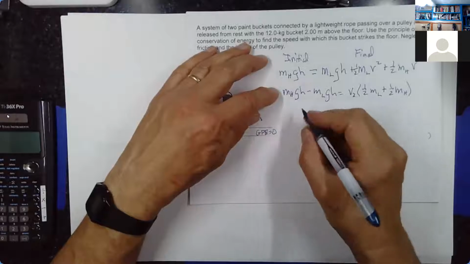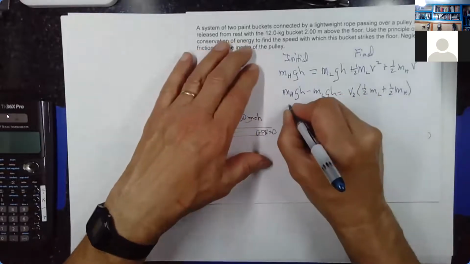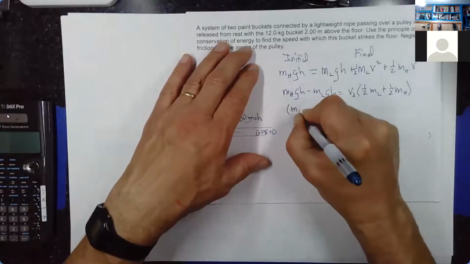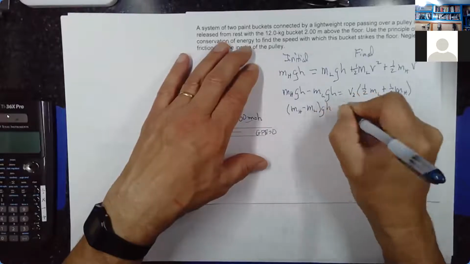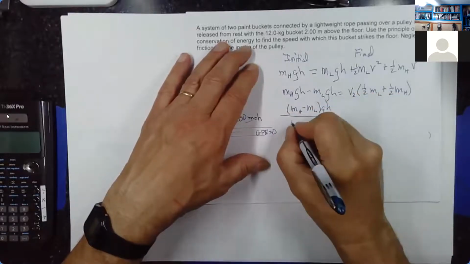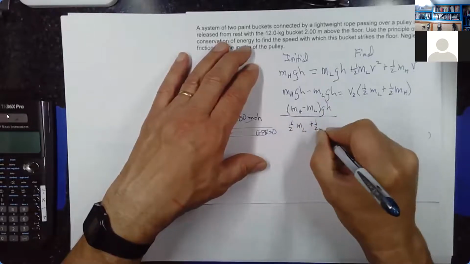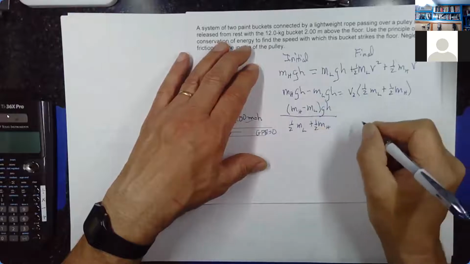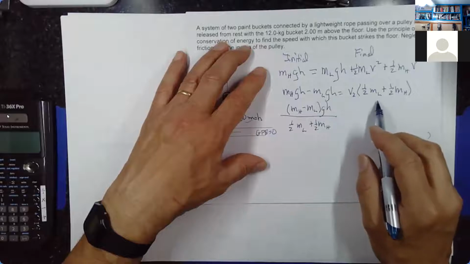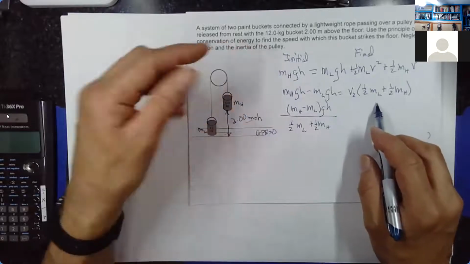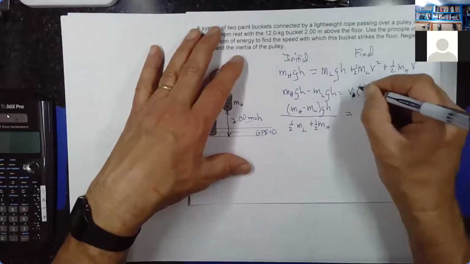And so I would get, let's see, can I do any factoring out here? GH is common to both terms. So I can have M sub H minus M sub L times GH, and on the bottom, I'll have 1/2 M sub L plus 1/2 M sub H, which actually ends up being the average of the two masses. Not that that matters a whole lot, but that'll be, whoops, it's not V, it's V squared.